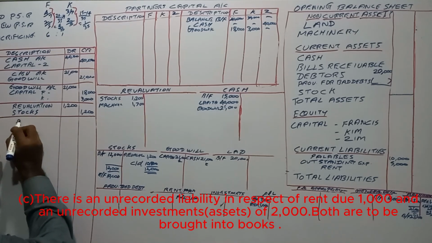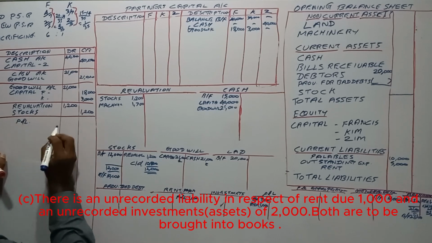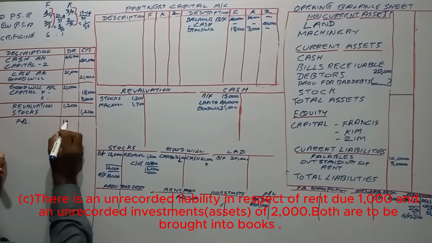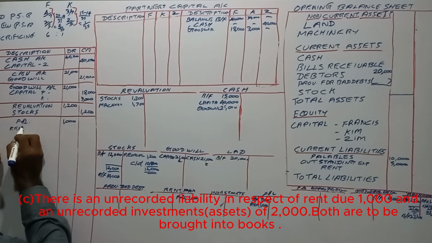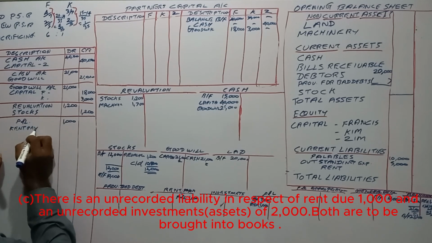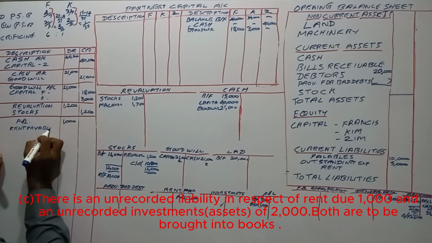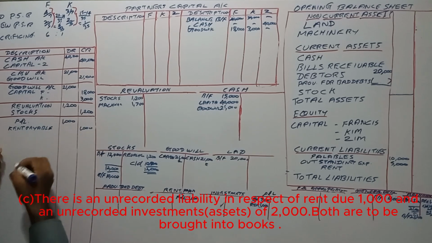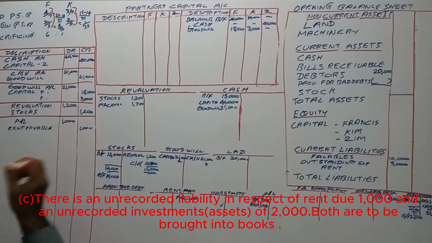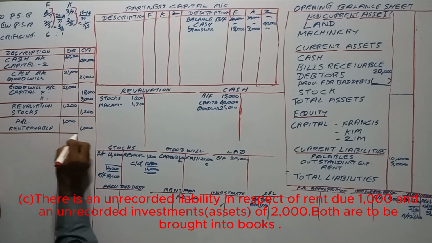P and L account debit 1000, rent payable account credit 1000, right, being adjustment for the rent payable.